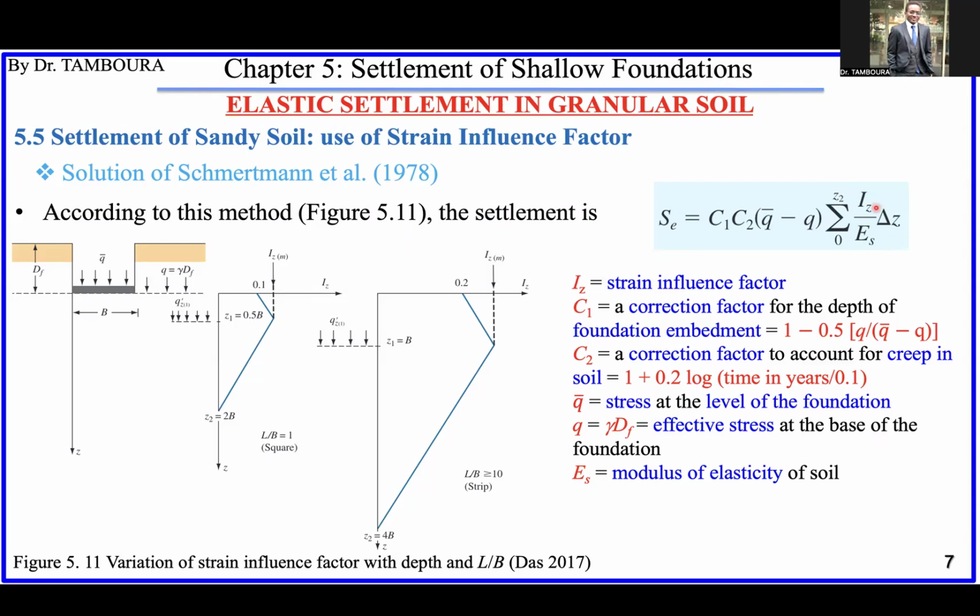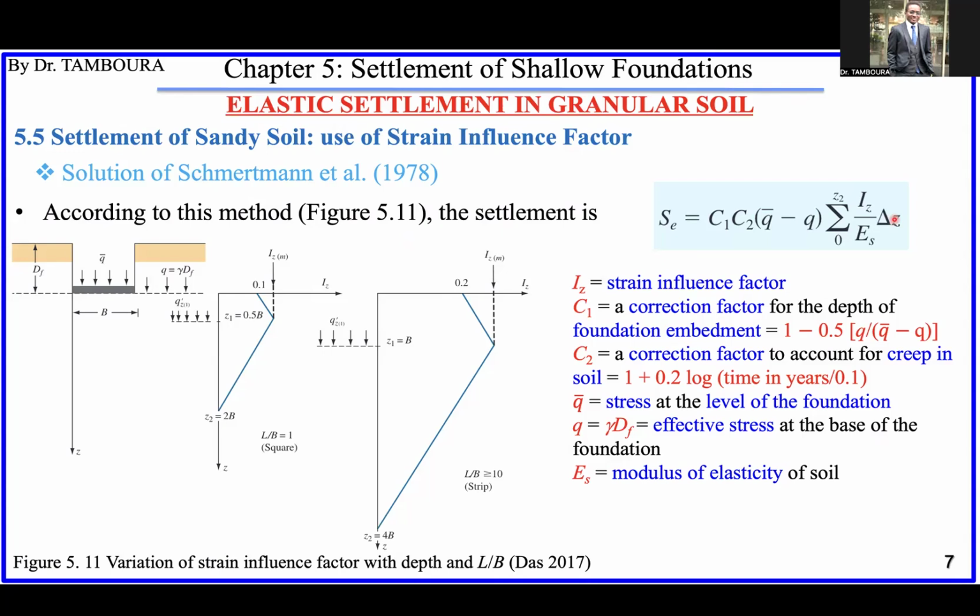So everything is here. So as you can see, the most difficult parameter, the key parameter here, is this IZ, the strain influence factor. This delta Z is just the variation in the depth.